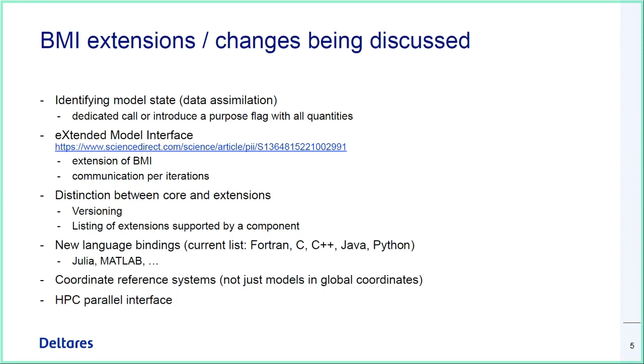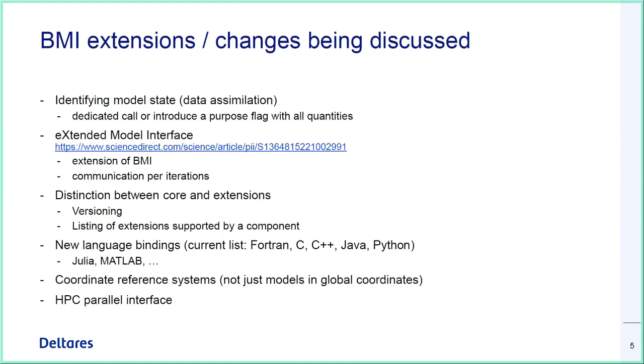Then for coupling with MODFLOW, with USGS, an extended model interface was defined, which allows for coupling at iteration level. So BMI supports coupling at time step level, and for some applications one had to go towards iteration level.